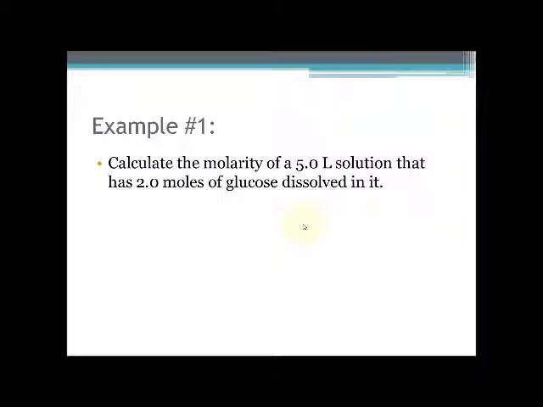Let's knock this out. We're calculating the molarity of 5 liters of solution that has 2 moles of glucose dissolved in it. If you remember our equation, volume goes on the bottom and moles goes on top.